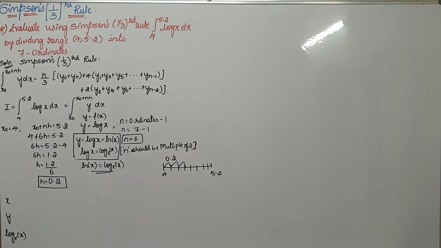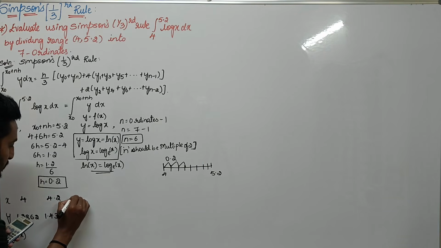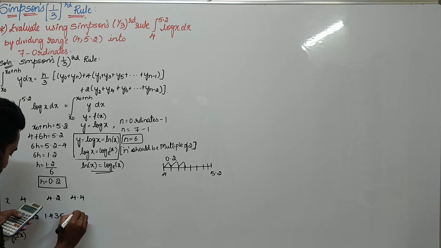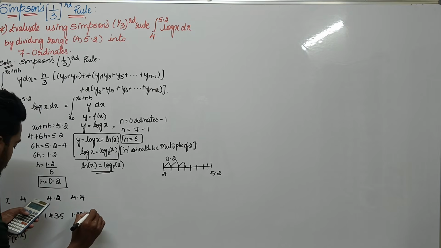Okay, done. Now let us represent the values. For the values of x, for 4 I have 1.3862. Next, for 4.2 I have 1.435. Next, for 4.4 I have 1.4816.